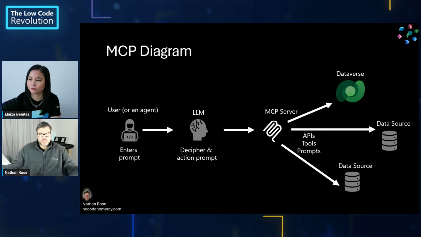So in our case, we're going to be going through Dataverse, where we'll see searching and creating and updating records, but you can do this with lots of other data sources as well, including Dynamics 365, M365 Outlook, and a lot of different tools across the Microsoft ecosystem. Once our MCP server has actioned what we need it to do in our application or our data source, it sends a message back to us, and we move on to the next step.